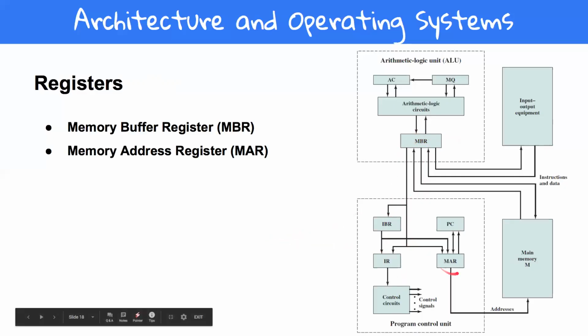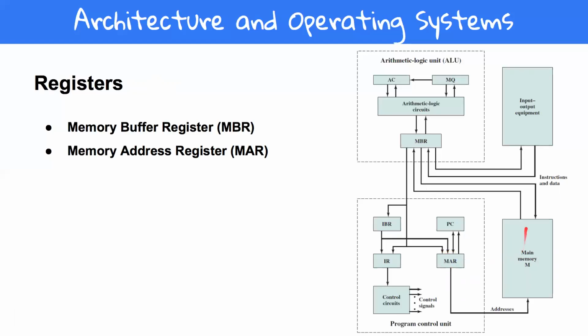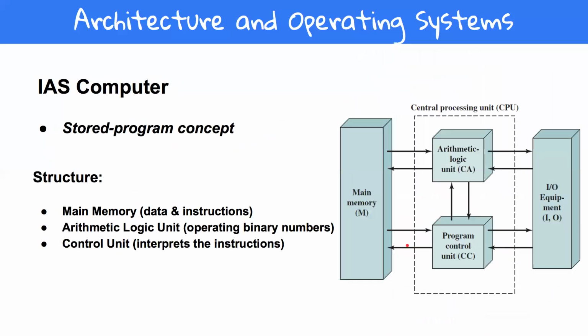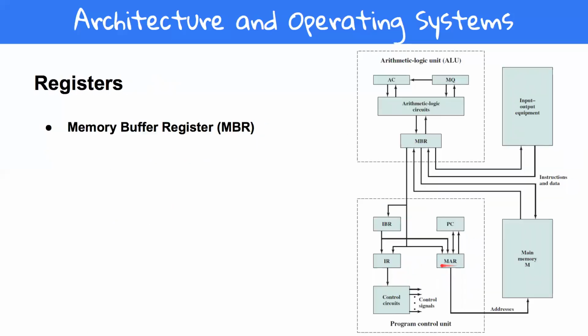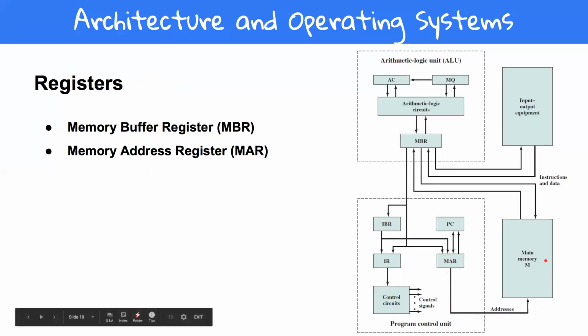The second one is the memory address register. Imagine that we read the data, which is an instruction, and it goes to the MBR. In the MBR, it realizes that it's an instruction, so it sends it to the CPU to understand what it is. As I showed you here, each instruction has an address and an opcode. So this MAR specifies the address inside the memory.